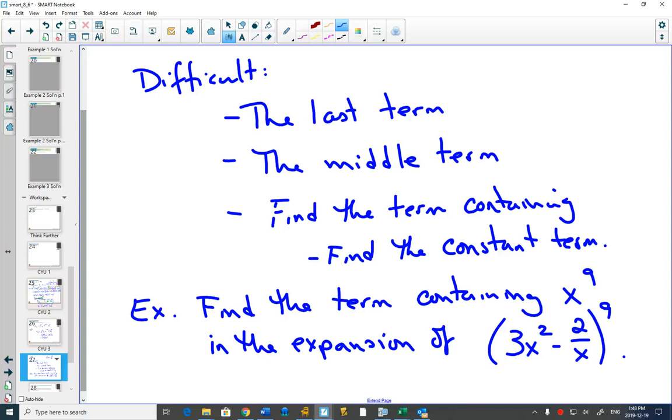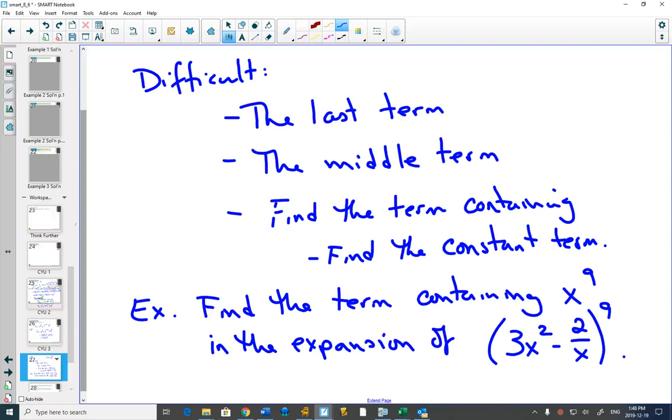So again, we have a couple of options. It's to the power of 9. There's going to be 10 terms. You could find all 10 terms, simplify them, and one of them is going to have an x to the 9, and that will be your answer.